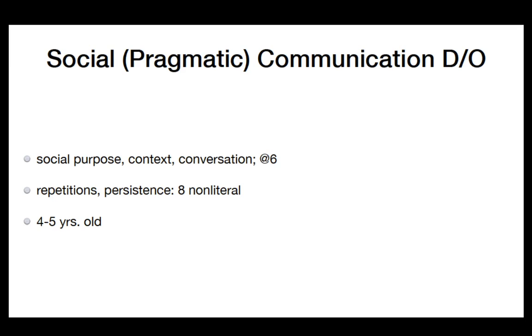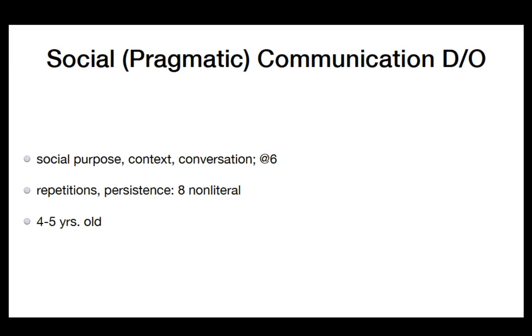So there is repetition, persistence, and all you have to do is to look into the DSM-5, because we need to have at least 6 symptoms of the said disorder for the diagnosis.